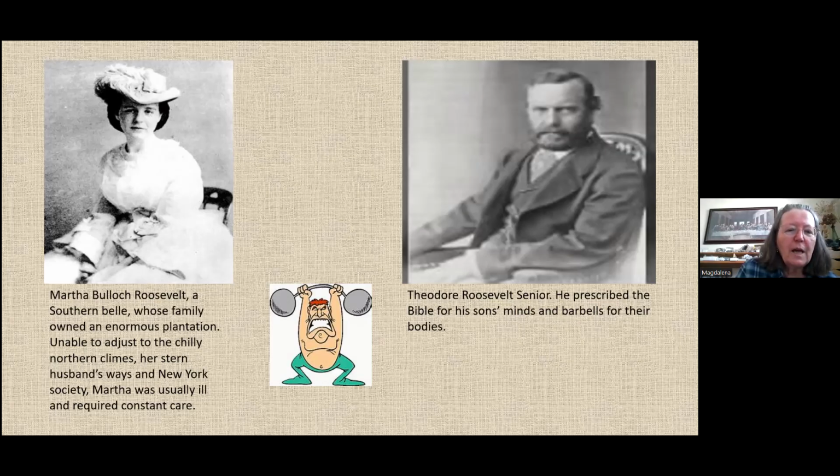She was usually ill and required constant care. So, prime example of an over-civilized man or woman. On the right you see Theodore Roosevelt Sr., and he prescribed the Bible for his sons' minds and barbells for their bodies. Gotta have muscular Christianity.